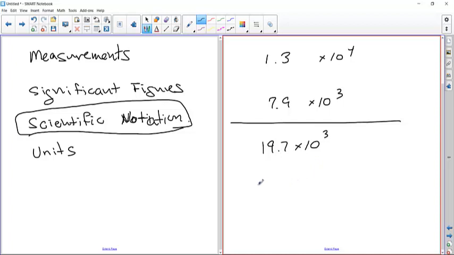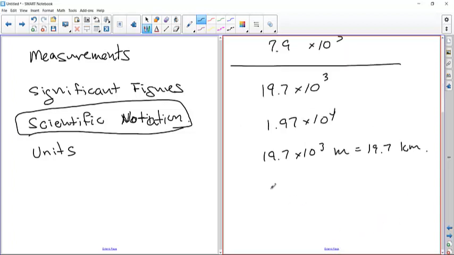So you might have, instead of 1.97 times 10 to the 4th, you might write it as 19.7 times 10 to the 3rd. Say it was meters, so that would be 19.7 kilometers.